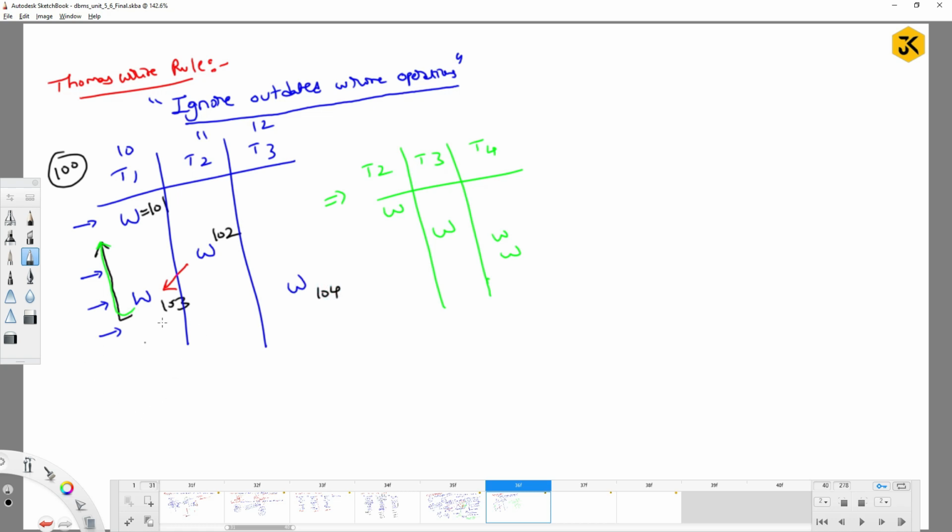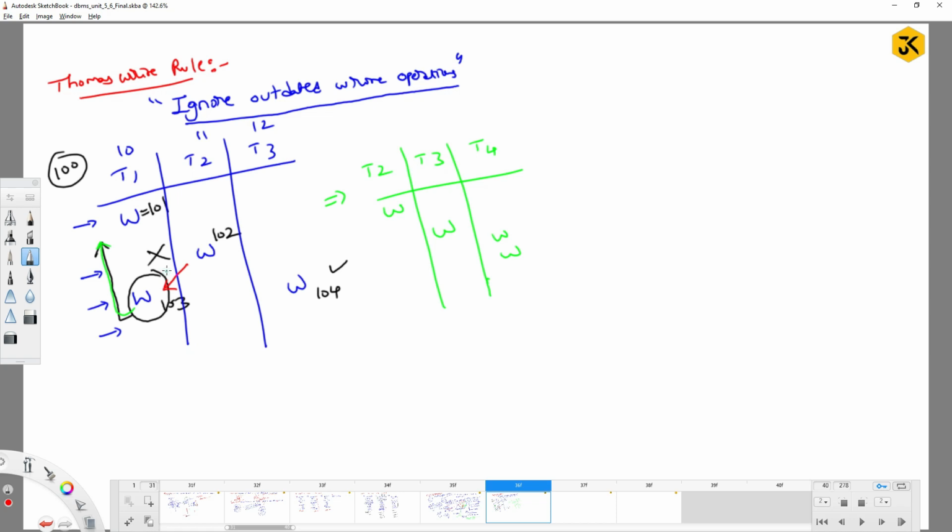Now, what the Thomas Write rule is saying is that with respect to one transaction, if there is any old outdated write operation, try to ignore it. Just ignore. You should not roll back. Why am I saying it has to be ignored?